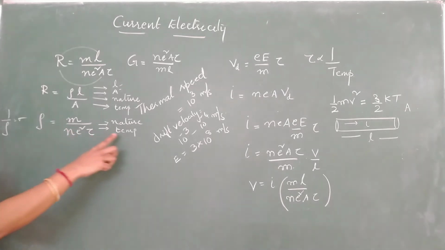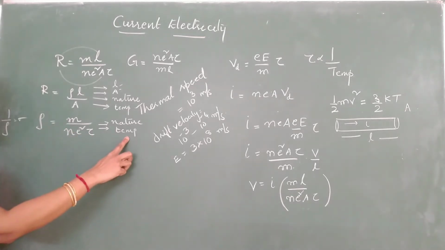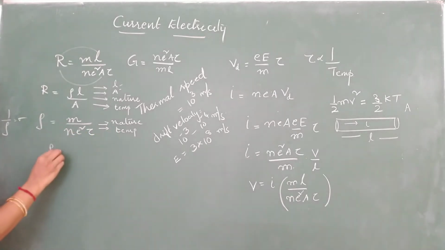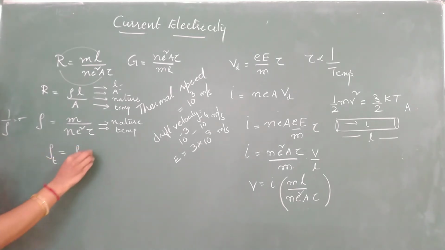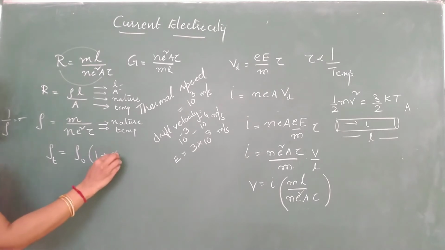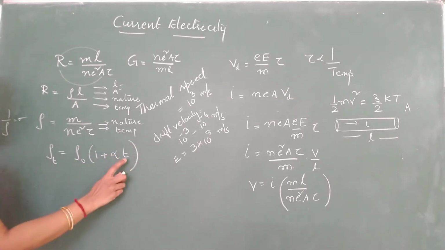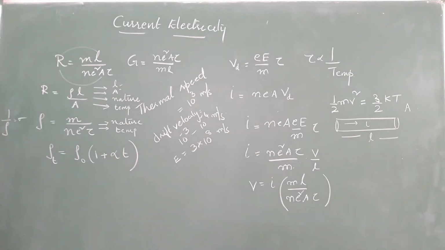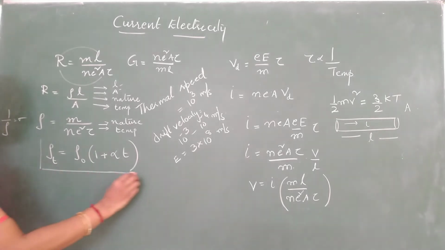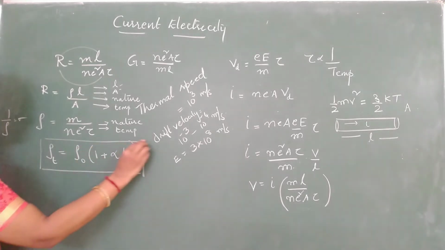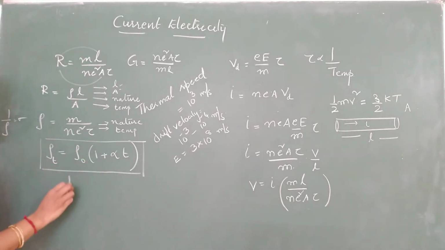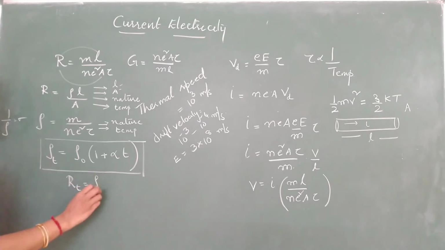Since rho is dependent on temperature, we have even studied how resistivity varies with temperature for metals. Rho T is equal to rho naught into 1 plus alpha into T. Remember, T is taken in the centigrade scale. Alpha is called the temperature coefficient of resistivity. Based on this, you may get some applications. If resistivity varies with temperature, resistance also varies with temperature.